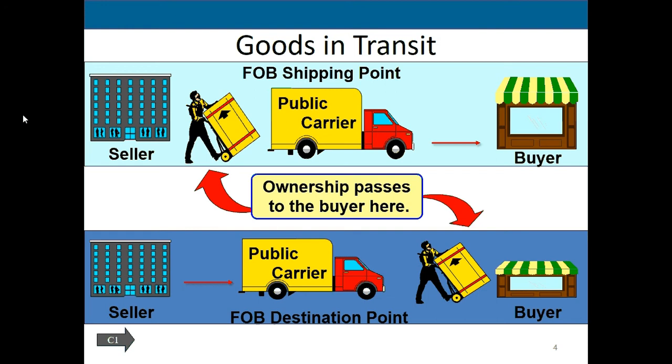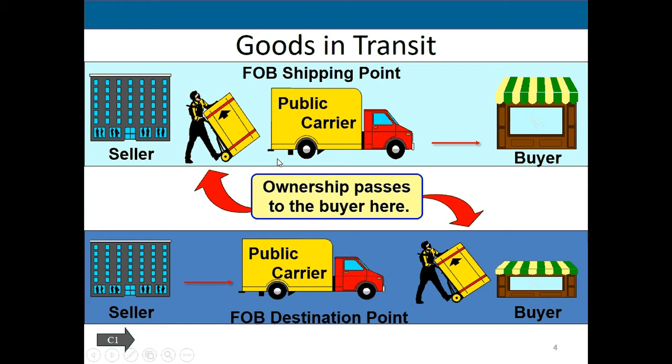Once again, goods on transit, FOB shipping point versus FOB destination. Remember that FOB shipping point, freight on board, right? It becomes your inventory. It belongs to you as soon as it gets on the truck. So you have to count it in inventory when you purchase it and as soon as it gets on the truck. But otherwise, it becomes yours down here at FOB destination point when it gets on your dock.